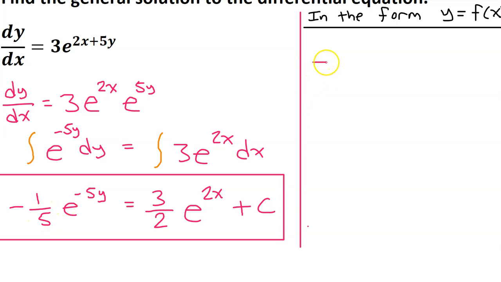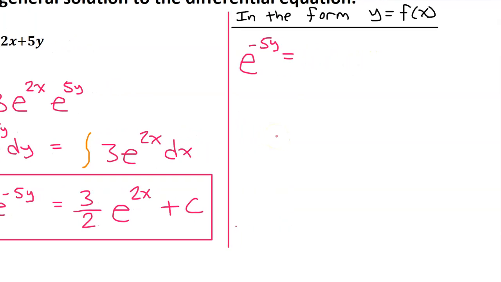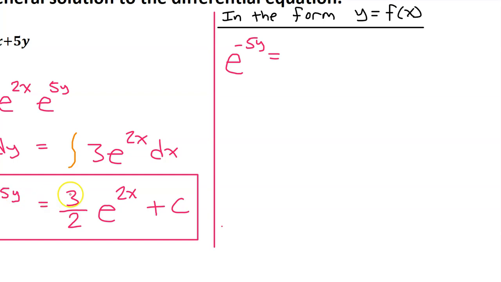That will leave us with e to the negative 5y power on the left. Multiplying the right side of the equation by negative 5 will give us negative 15 over 2 e to the 2x, but then distributing we will have minus 5c.